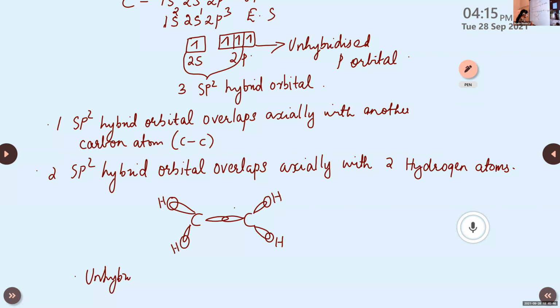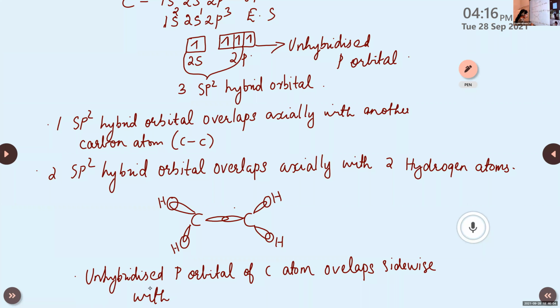Unhybridized p orbital of carbon atom overlaps sidewise with another carbon atom to form pi bond.